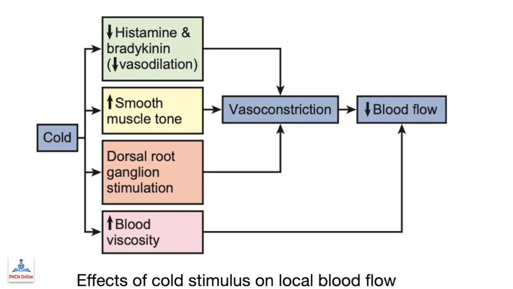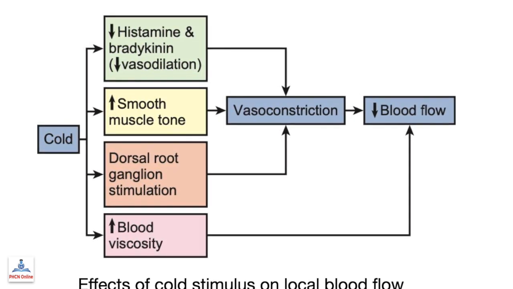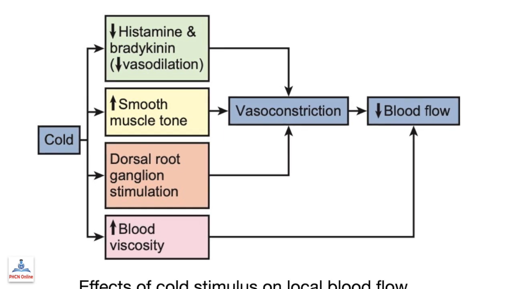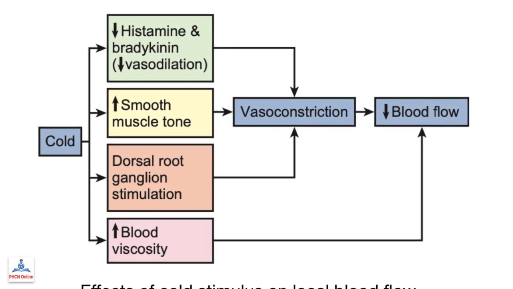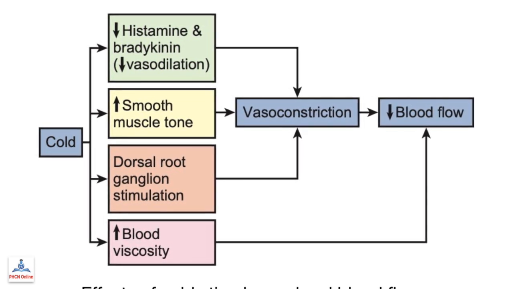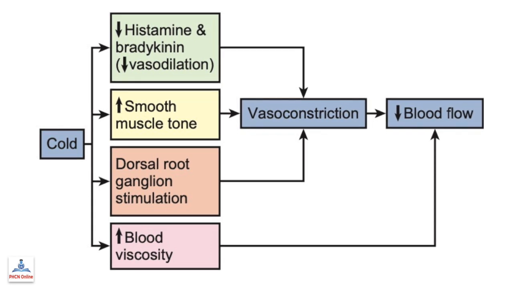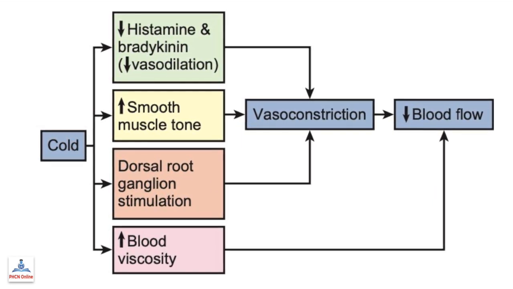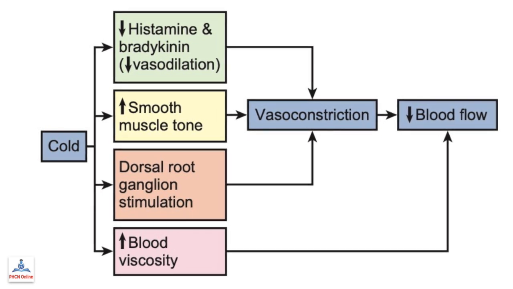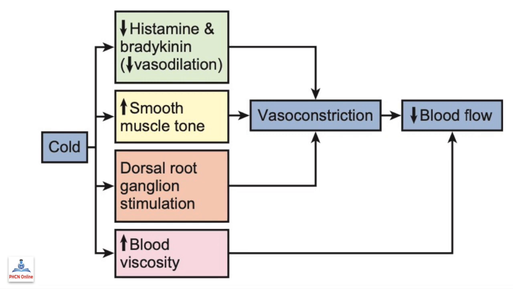Cooling the tissue decreases the production and release of vasodilator mediators such as histamine and prostaglandins, resulting in reduced vasodilation, and causes a reflex activation of sympathetic adrenergic neurons, resulting in cutaneous vasoconstriction in the application area. Cold is also thought to reduce the circulatory rate by increasing blood viscosity, thereby increasing resistance to flow.